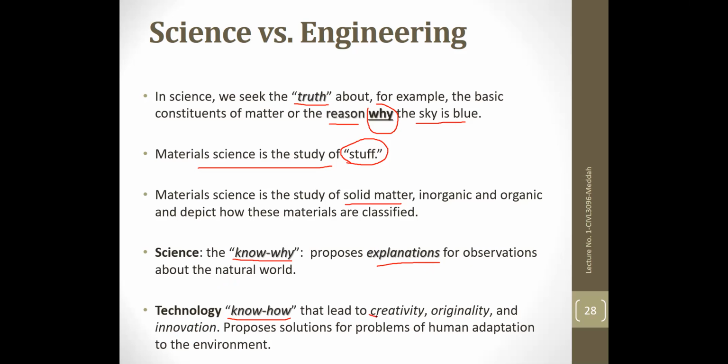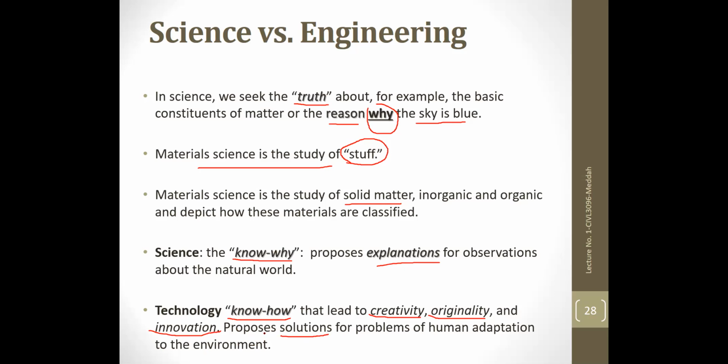So engineering is mostly about creativity, originality, creating original designs, original materials, original properties, and innovation. Propose solutions. There are problems the society is facing or a specific industry is facing.